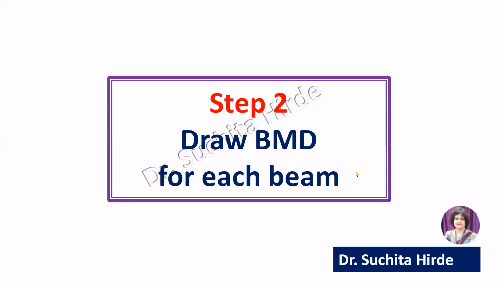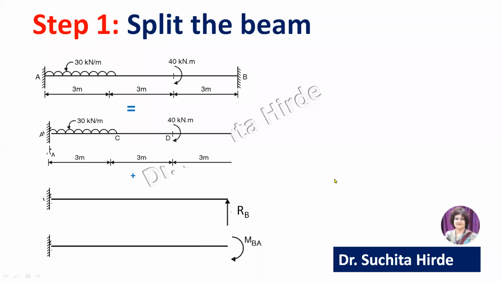Step 2 is to draw the bending moment diagram for each beam. While drawing the bending moment diagram for this case, we will consider each load separately. Whenever there are multiple loads on the beam, consider the effect of each load separately. We take a section, and while drawing the bending moment diagram, look at the right part of the section to get the value of bending moment.